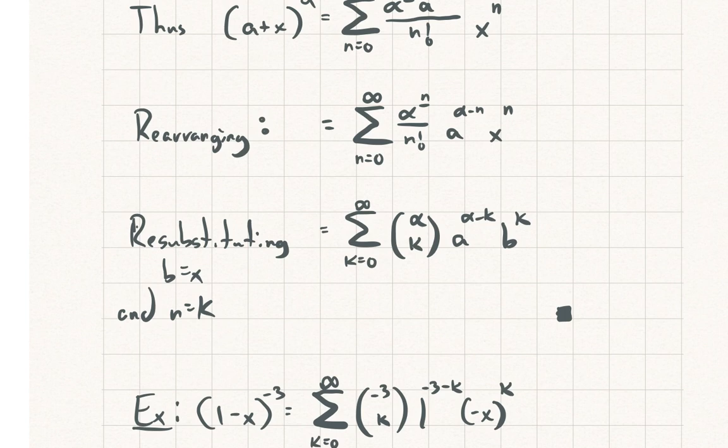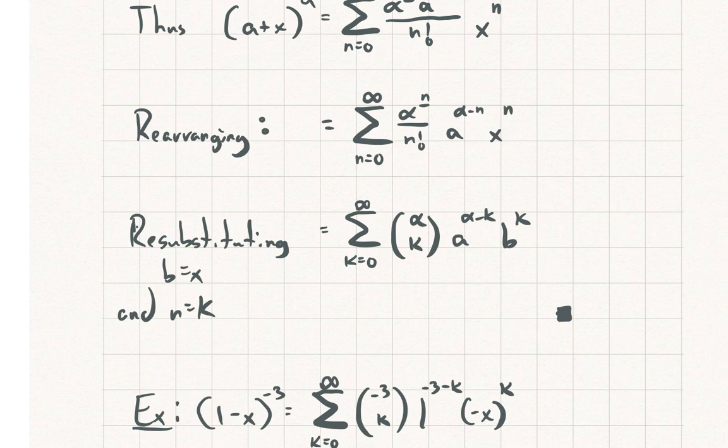So let's move this alpha falling factorial n with this n factorial, because we know that that is indeed the generalized binomial coefficient, alpha choose k. And what do we have left over? A to the alpha minus k, b to the k. I just changed x to b and n to k to look more like the expression that was written down first. That's just a swap of variables. There's no real mathematical change going on there at all. So that's pretty nice.